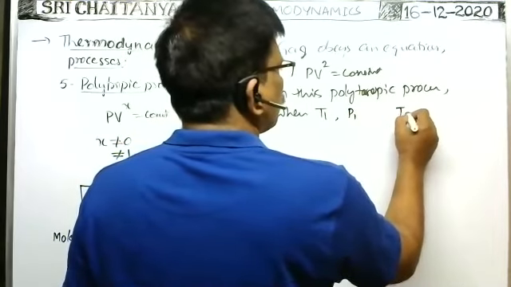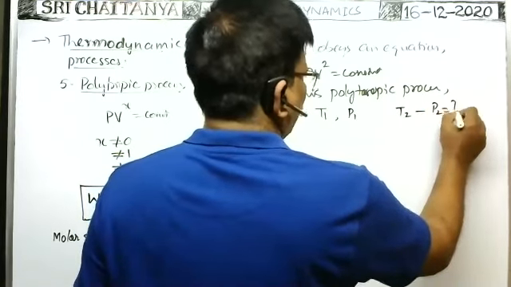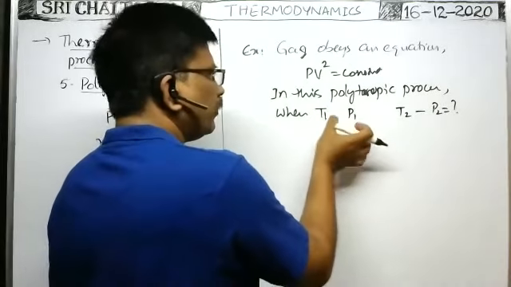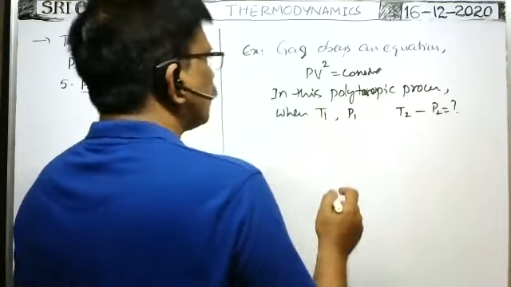When temperature is T2, what is the pressure? That is the question. So in polytropic process, what is the relation between P and T? If you know, then we can find the P2 value.